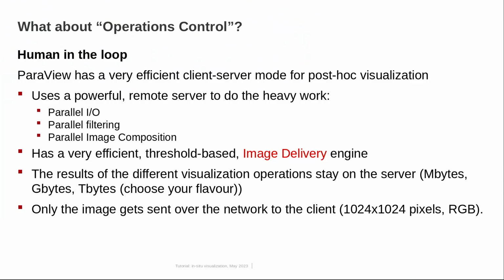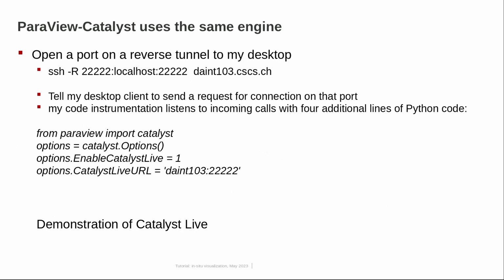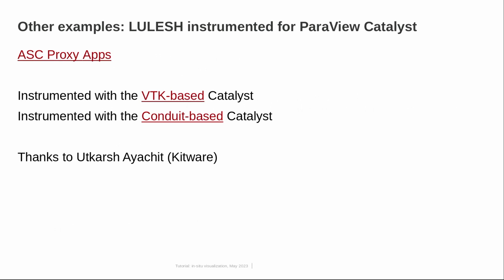If you look at a small image size, 1024 RGB, then that's very few megabytes moving along. I have a demonstration of using ParaView live to connect in situ. Unfortunately, I forgot to replay it. I have the video of it. If I find it during the break, I will show it to you.